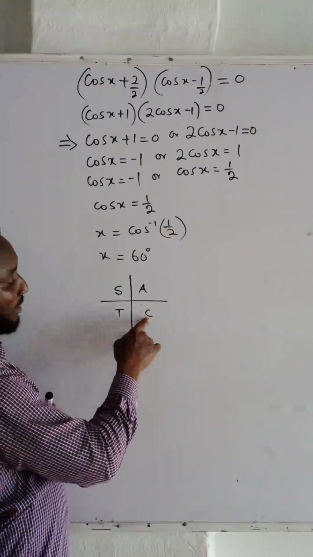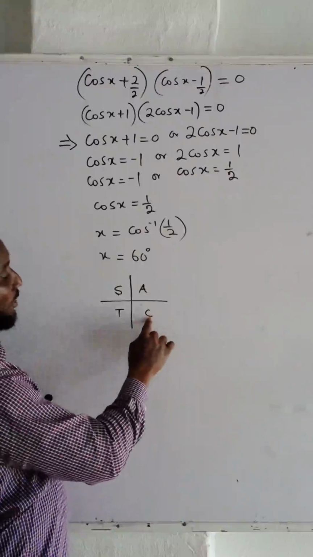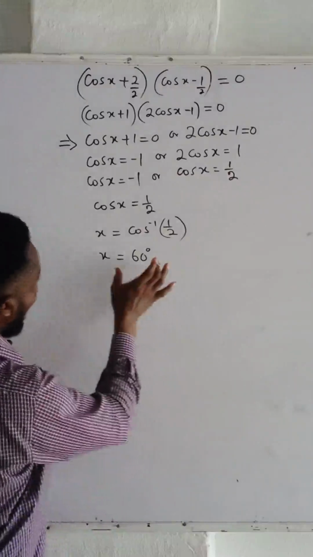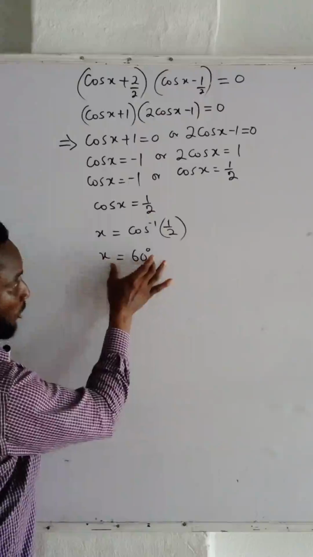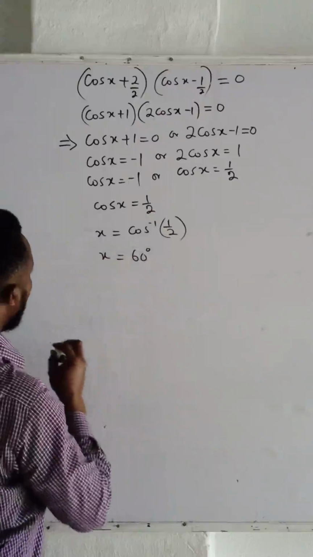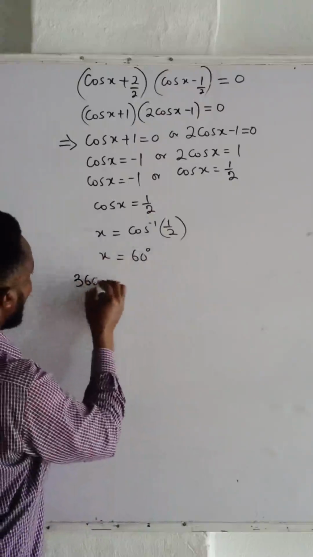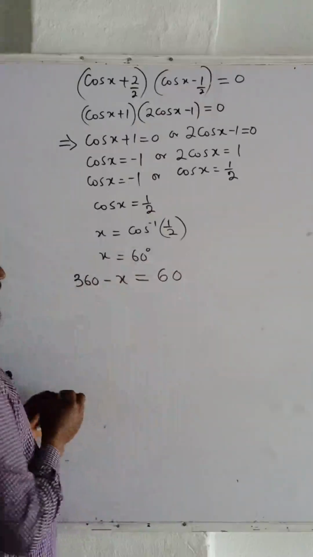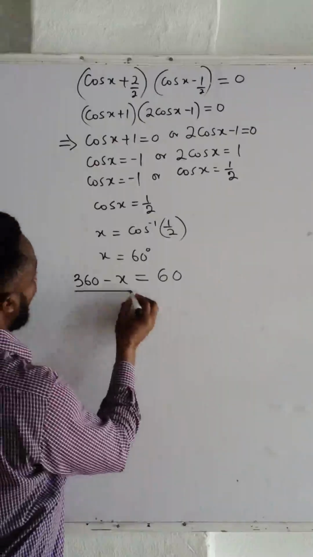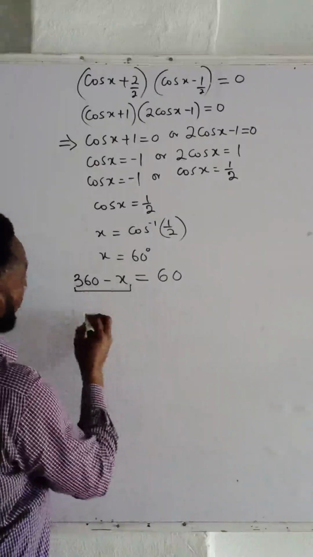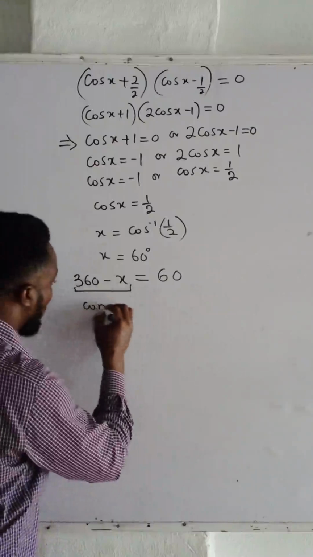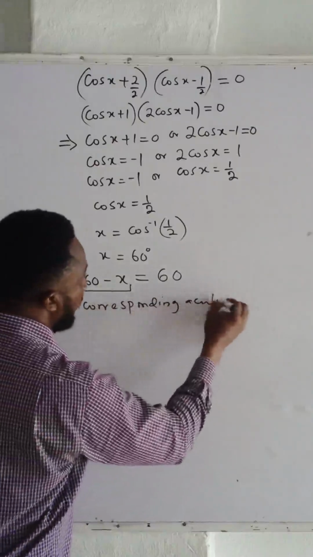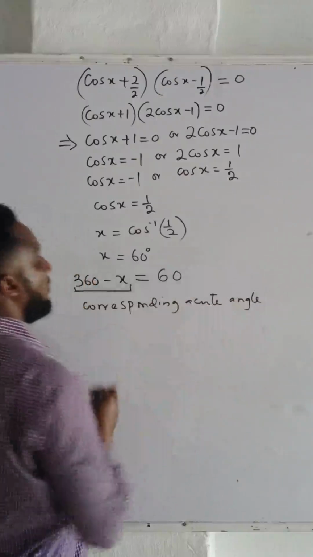Now, this C stands for cosine. So cosine is positive in the fourth quadrant. Then I will say the corresponding angle to 60 degrees is the fact that 360 minus x equal to 60. Now, this expression on the left, we call it the corresponding acute angle.